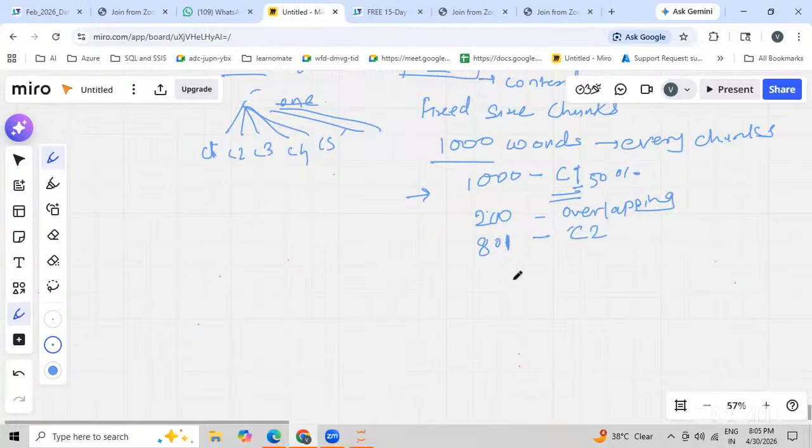Now, when my third chunk is designed, where will my third chunk start? Tell me now. When will my third chunk start? If my second chunk now ends at 1800, suppose it is 1800 words now, so C3 will start from what?